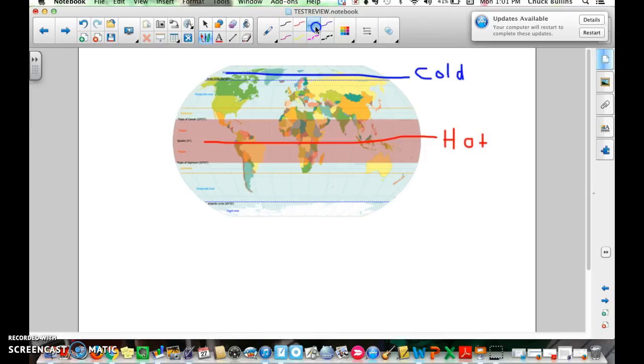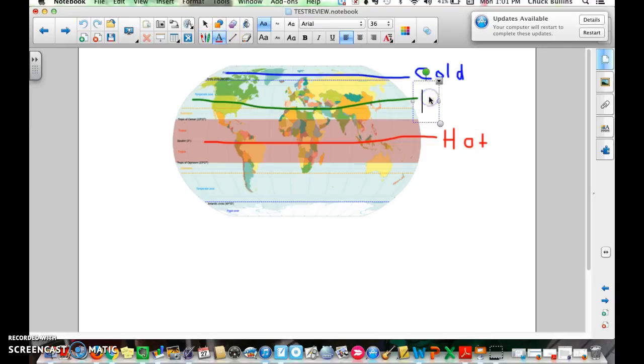Now for us, we live in the mid-latitudes. What you're going to notice here is changes in weather. For us, especially here in North Carolina, we have 4 seasons. You're going to need to know that. Those are very important aspects of the globe that we've talked about.